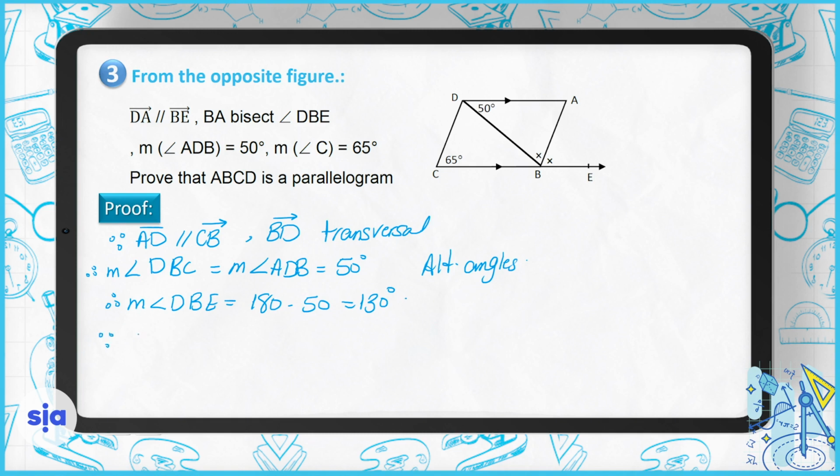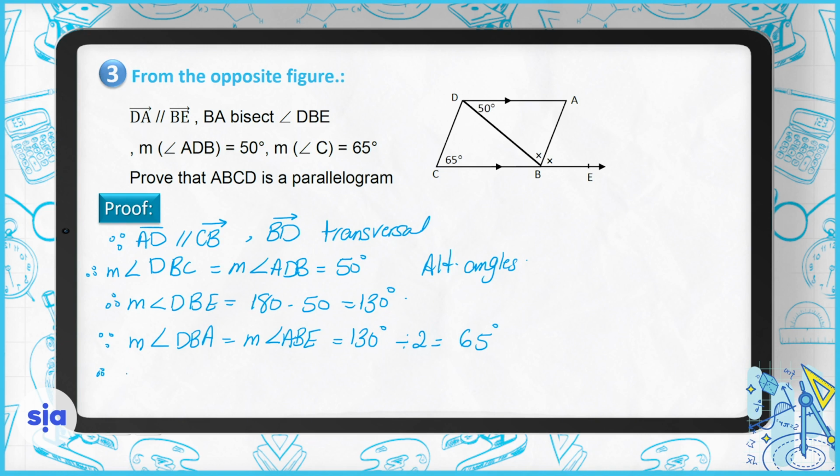Since the measure of angle DBA is equal to the measure of angle ABE, equal to 130 degrees divided by 2, which is 65.